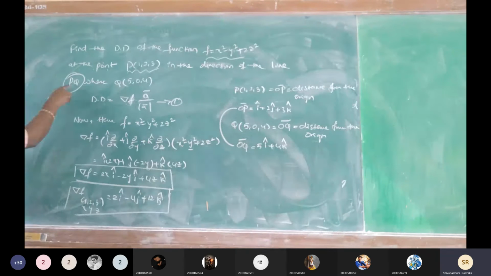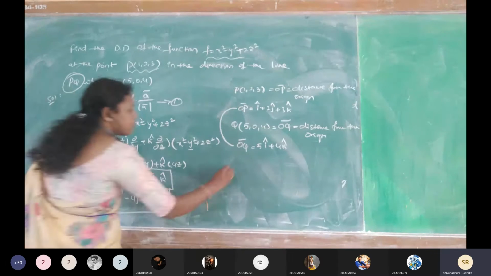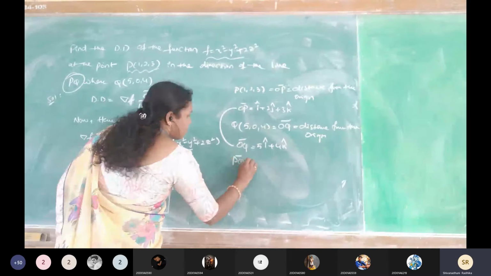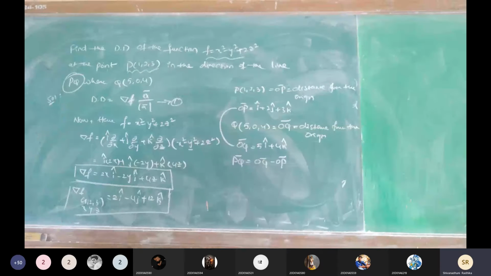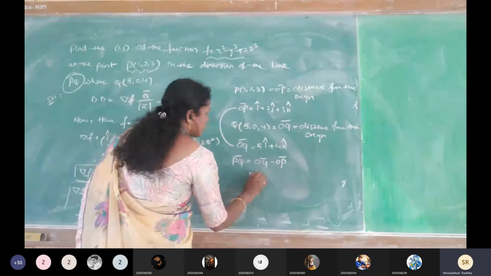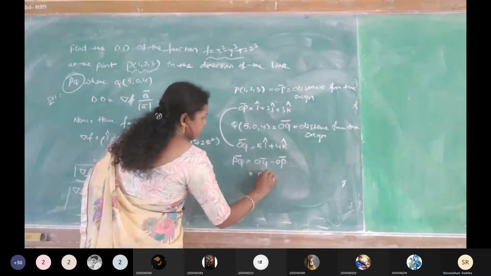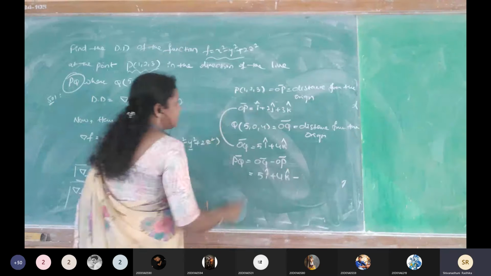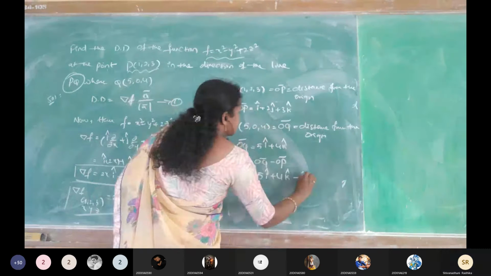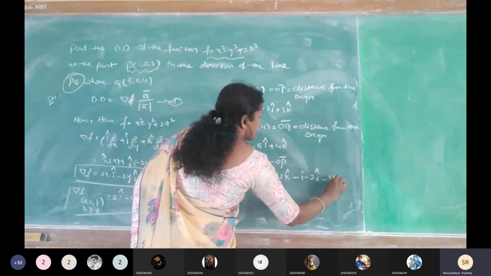How can we get PQ bar? The PQ line is the directional vector. So I am going to find PQ bar equals OQ bar minus OP bar. That is the formula for the PQ line. So it is 5 i cap plus 4 k cap, minus i cap minus 2j cap minus 3k cap.